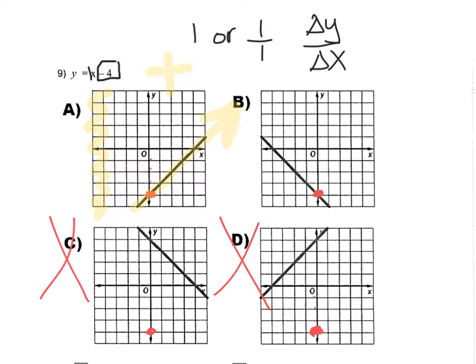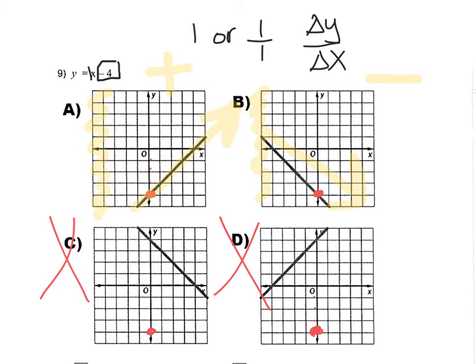That means it's positive. This one, the line is going down and to the right. If it goes up, it's positive. If it goes down, it's negative.